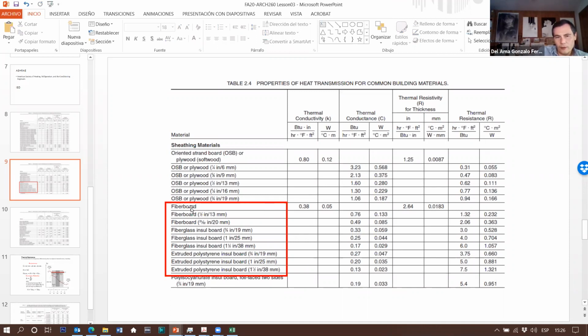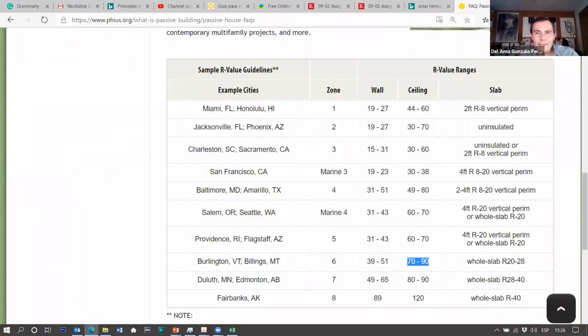We have the fiberboard, which is the worst, by the way. And then we have the extruded polystyrene. Well, here we have the fiberglass, and then we have the extruded polystyrene. Fiberglass and extruded polystyrene. What is this?